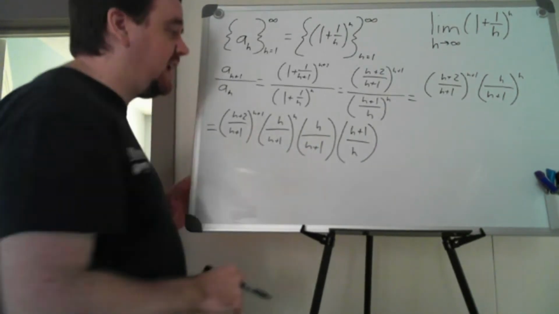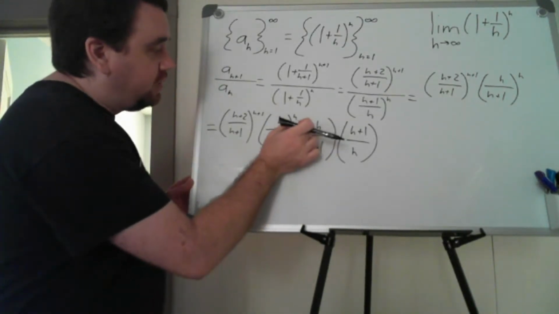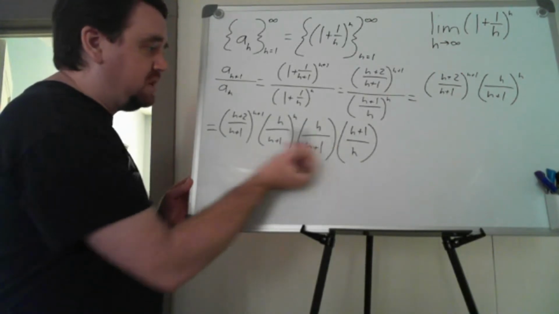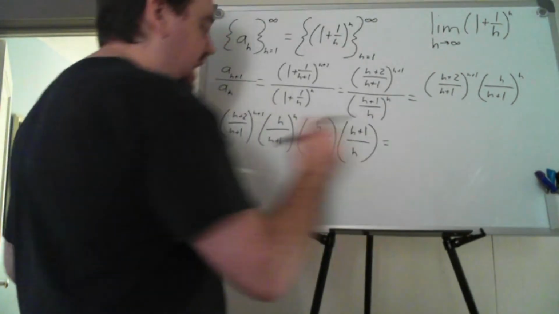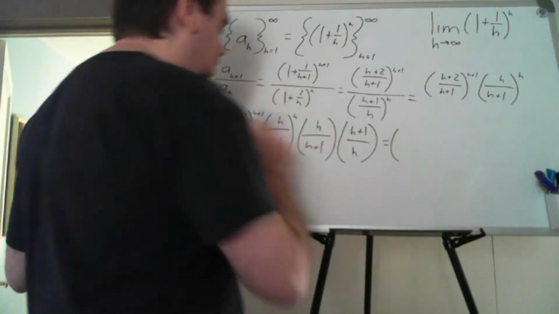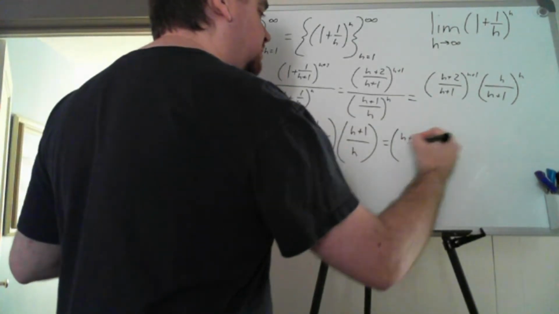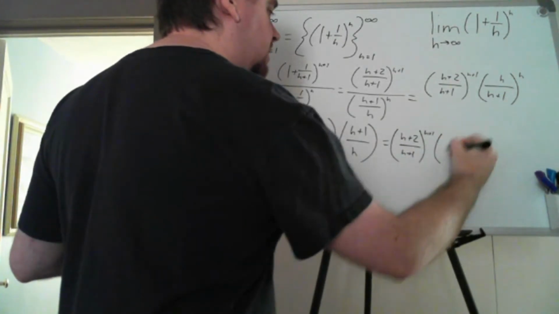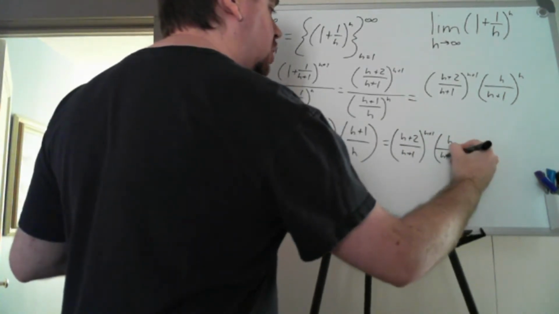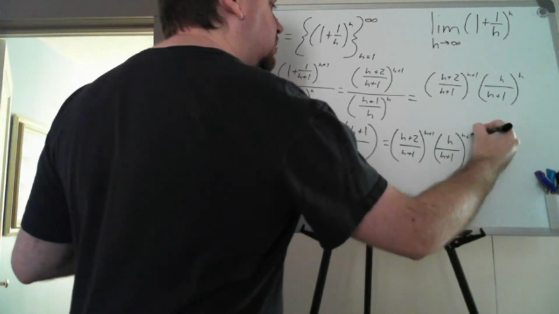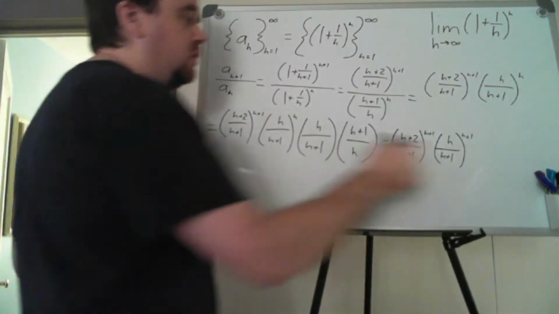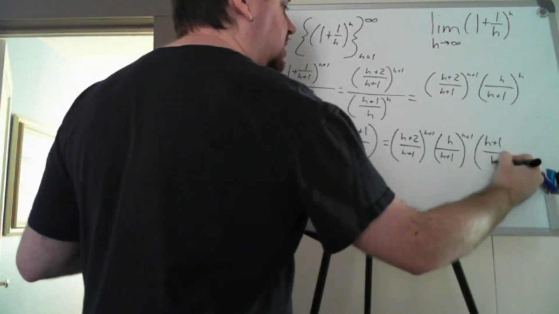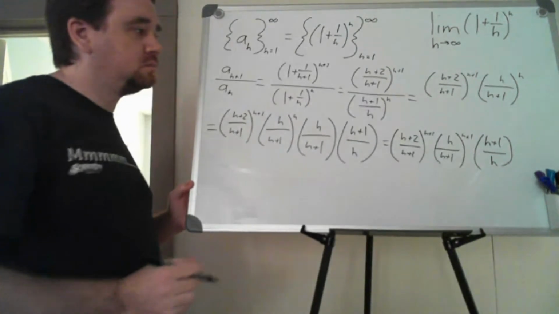So now I combine again. All right? Well, these two things, this says I'm multiplying h of them and then one more, so this becomes h plus 1 in my exponent. So I still have what I'm starting with, h plus 2 over h plus 1 to the h plus 1, now times h over h plus 1 to the h plus 1, and then I've still got this extra factor that I needed to keep the value from changing, and that's over h.